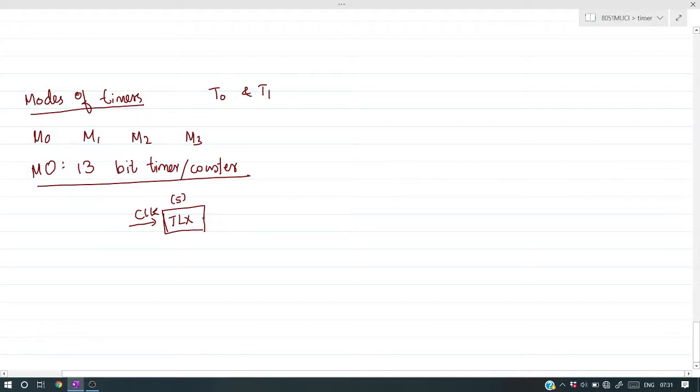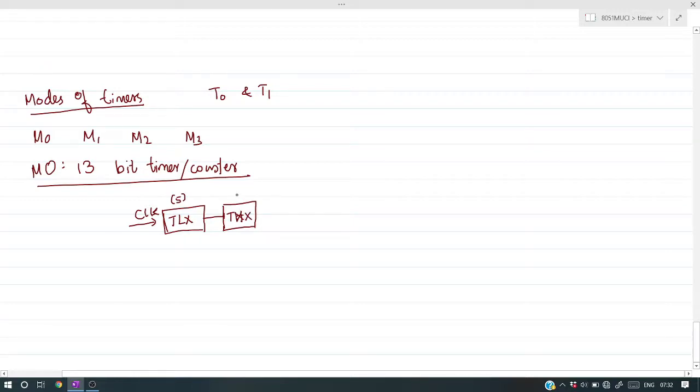Okay. So whenever this gets overflowed, that means all 5 bits become 1, after that the overflow will come. After overflow, what happens? It will change THX. Clear?